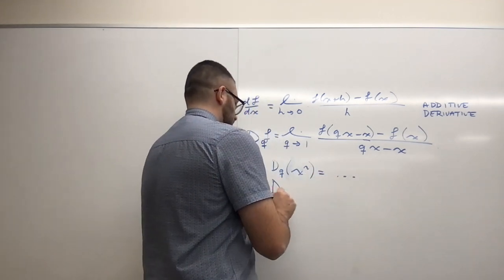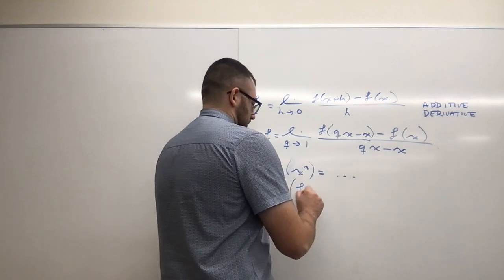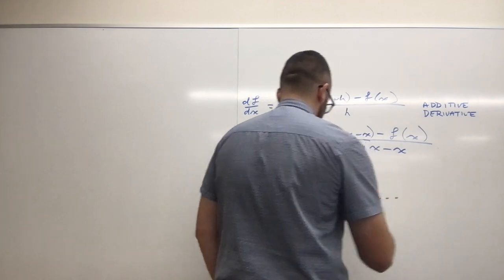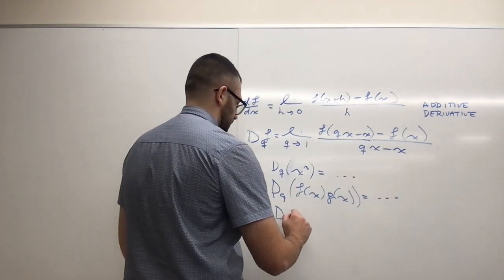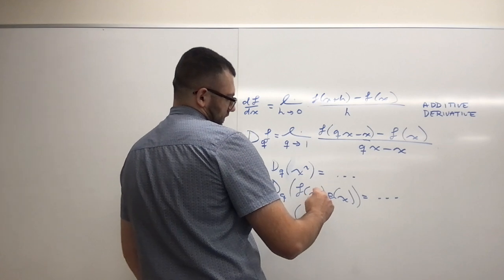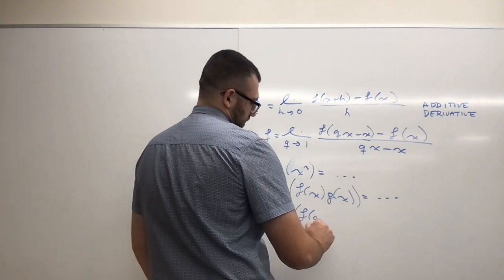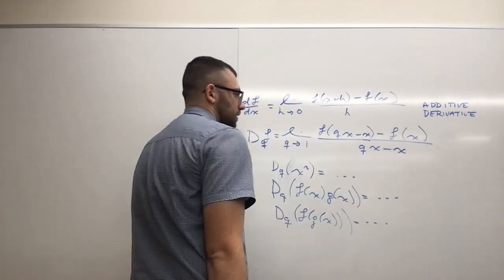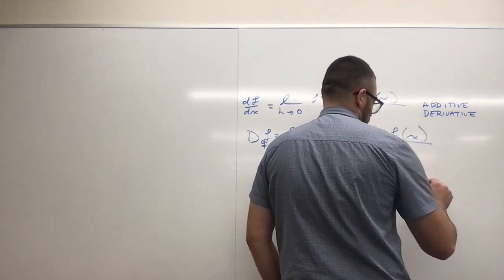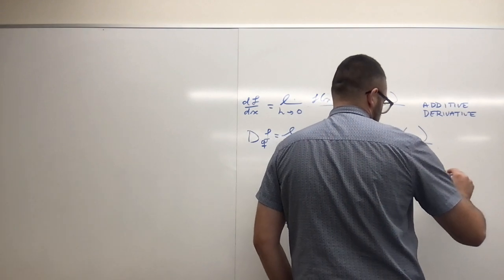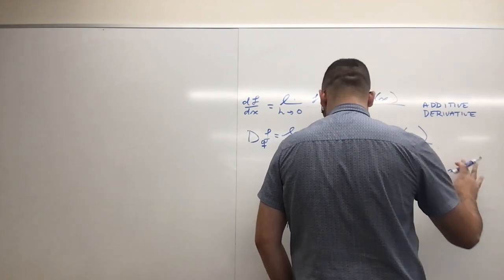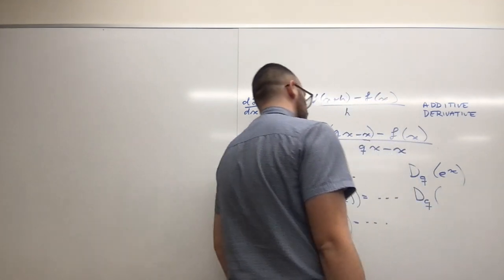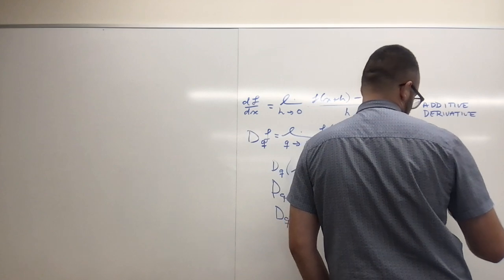Maybe you can come up with the quantum derivative of f of x times g of x, or of f of g of x. Maybe figure out the quantum derivative of the exponential, or of sine.